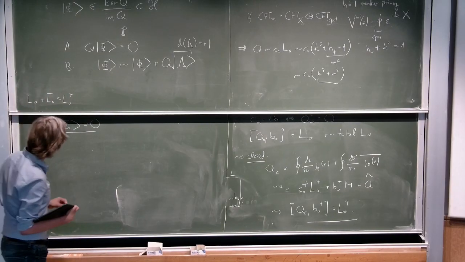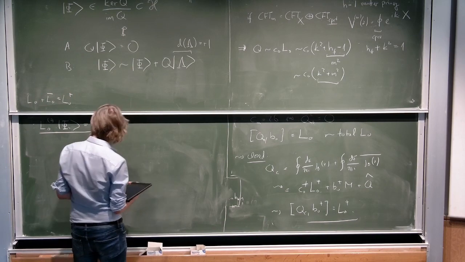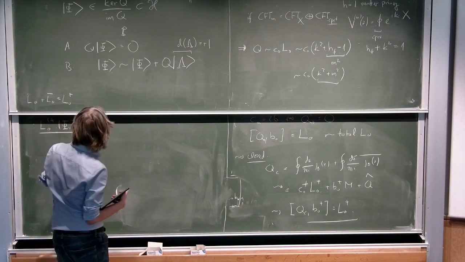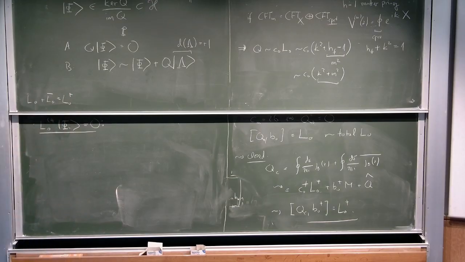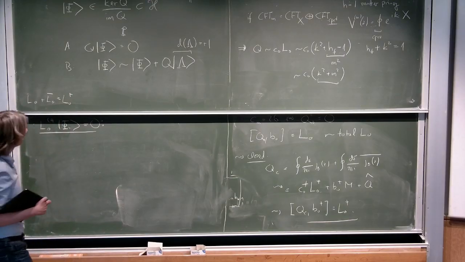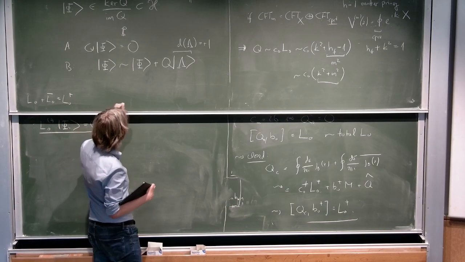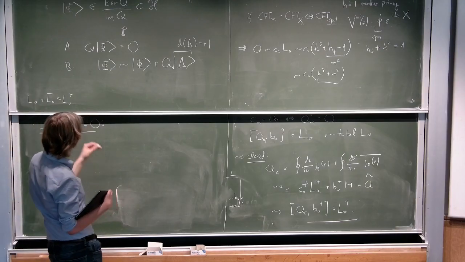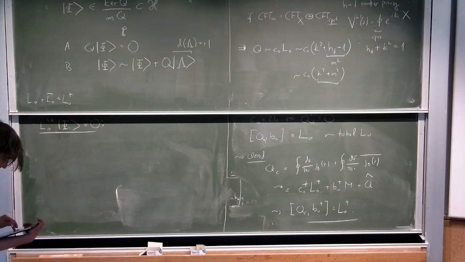And the way to see this fact is as follows. From this condition B, you can see that the states in the cohomology are always defined up to an addition of something BRST exact. And it's something which you'll in a moment try to interpret as a kind of gauge symmetry of the space-time SFT action.